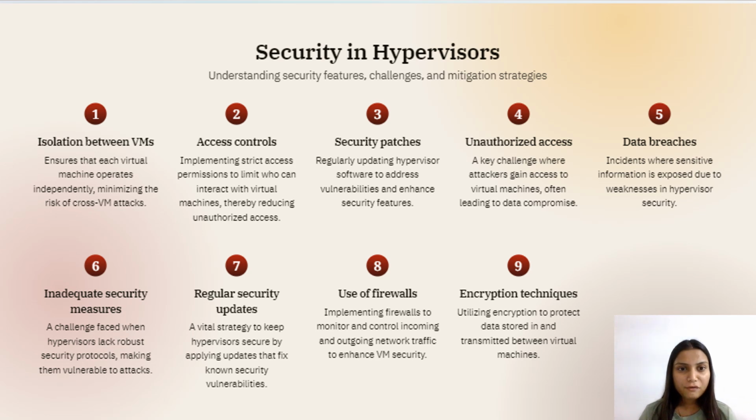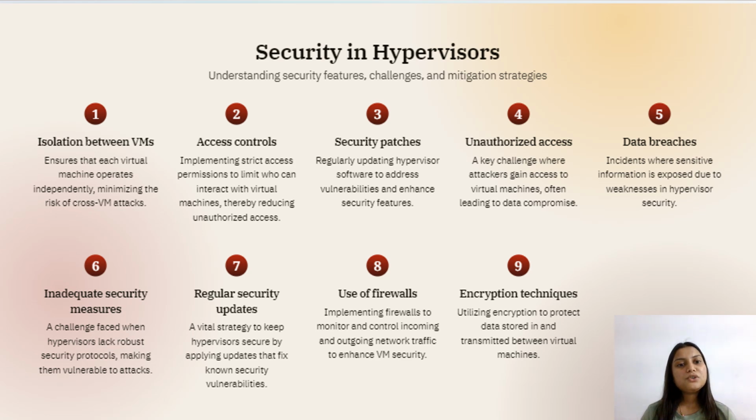Next, we move on to the next slide, which is security in hypervisors. There are lots of security aspects. Here we understand security features, challenges, and mitigation strategies. The first one is isolation between VMs.